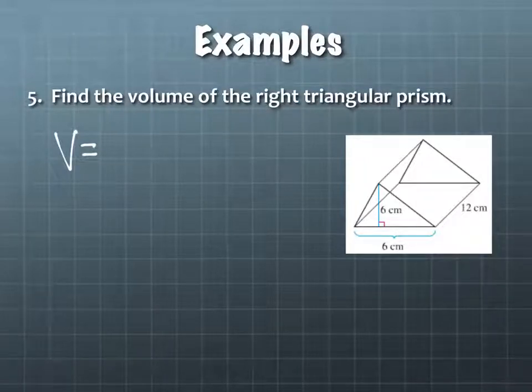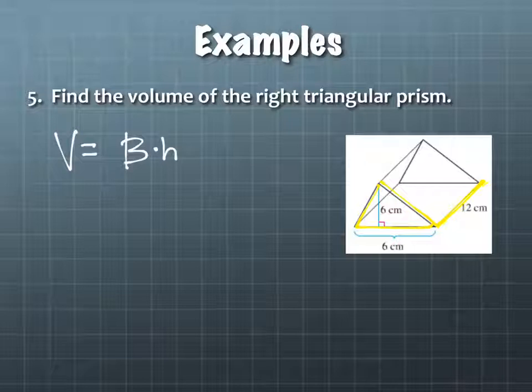How would I find the volume of this tent? The area of the base, and then what? Times the height. So what shape is the base in this picture? It's a triangle. This is my base.